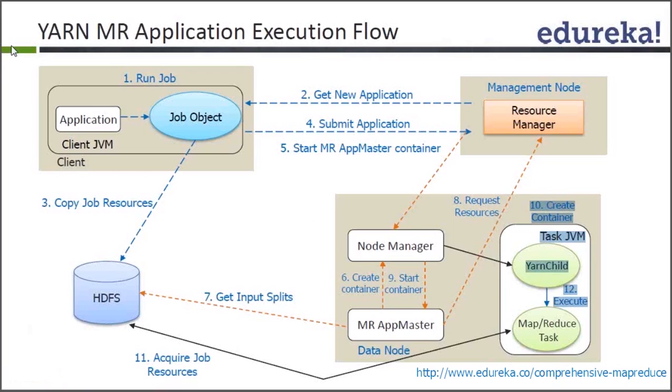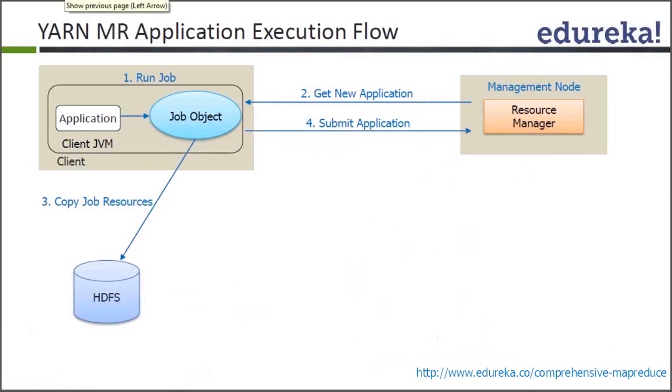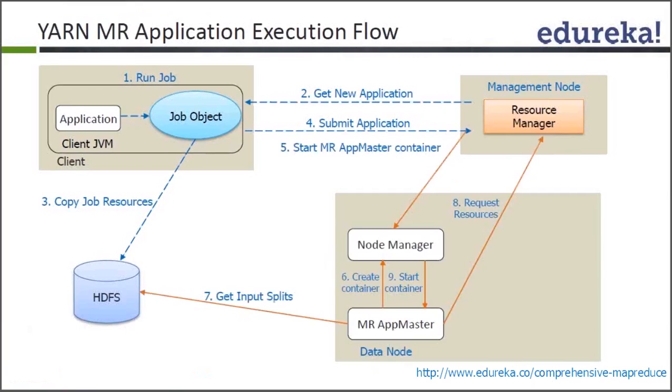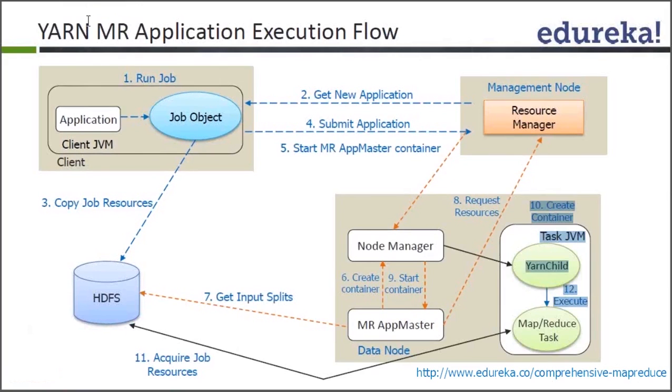So there are three slides, right? Let me go up. See, the first slide is basically the blue arrow. The second slide is basically the orange one, and the third slide is basically the red one. Okay, that's the reason why we did it. Good. So that was about our complete end-to-end execution.